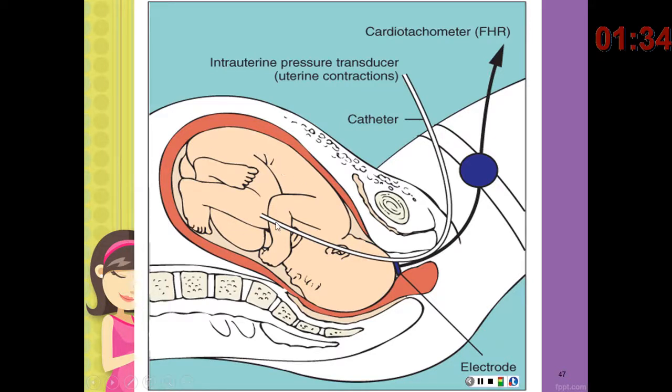The problem is that if you put too much in, you can overextend the uterus, and that is not a good thing. So we do have to be careful, and charge nurses can put these in, and otherwise the providers will put this in. Those are some things that we need to remember with fetal monitoring.